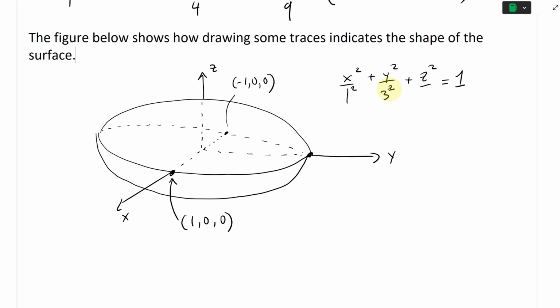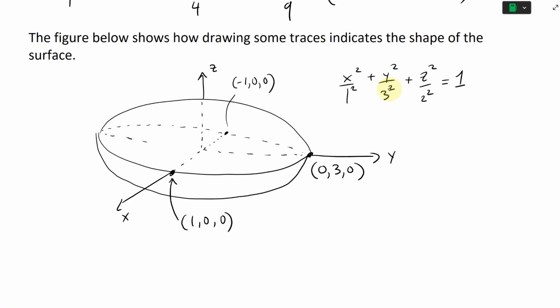And this becomes 2 squared. So this right here is going to be our (0, 3, 0), like that. And then the backside is going to be the same thing, but -3.